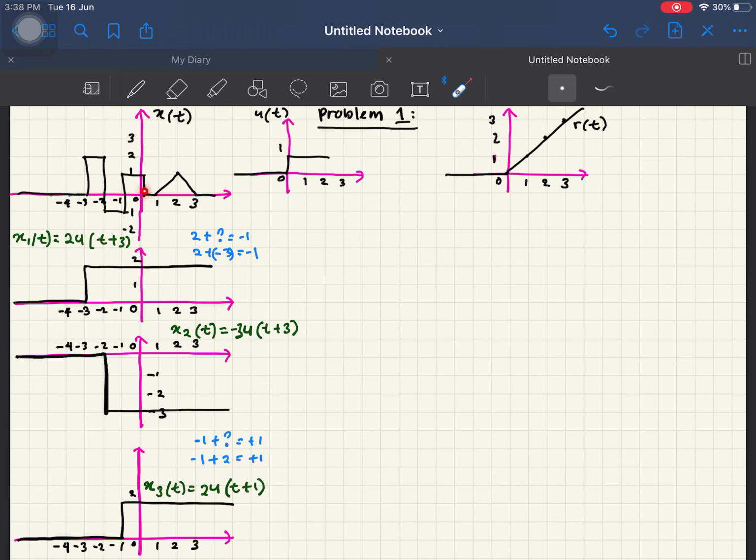At t equals 0, you can see another change in the amplitude. From positive 1 it becomes 0. So at t equals 0 you will have another step signal added to x1, x2 and x3. Let's call it x4. So we want to draw x4.